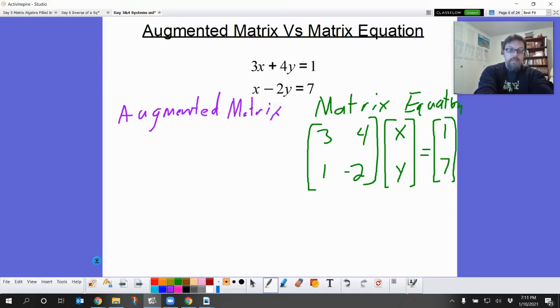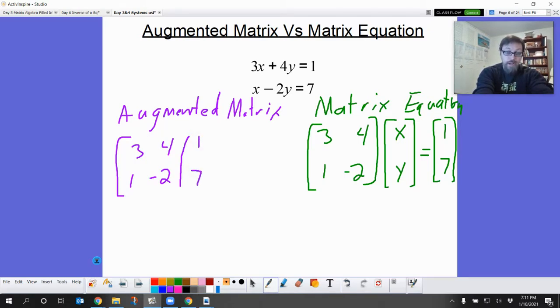They use that same idea of grabbing the coefficients, so 3, 4, 1, and -2. But then they knew there's the variables and the equal sign, and a whole bunch of stuff that really doesn't do anything. So they just made a big line. That's the augmentation line. And that acts as our variables and our equal sign.